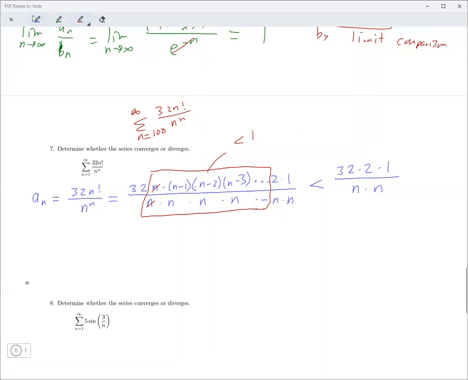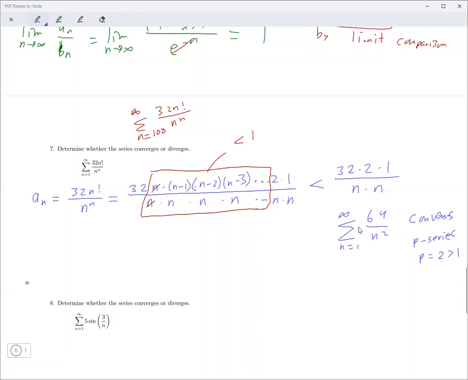Okay, what do we know about this series here? If we take 64 over n squared, is that going to converge or diverge? It converges. Yes, great. Because it's a p series, and p is equal to 2, which is greater than 1.